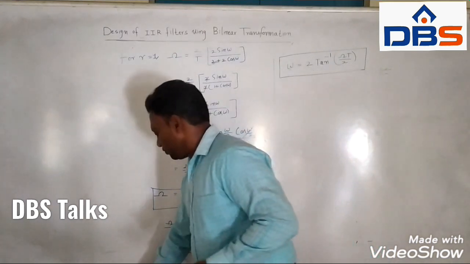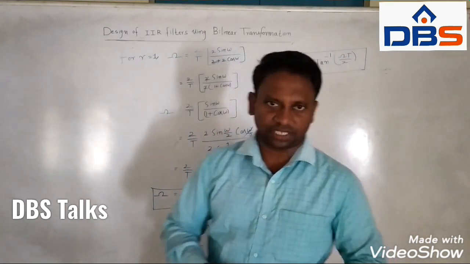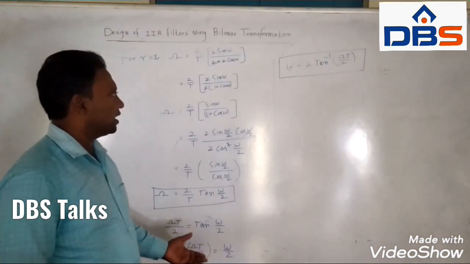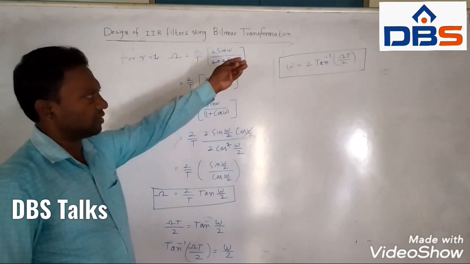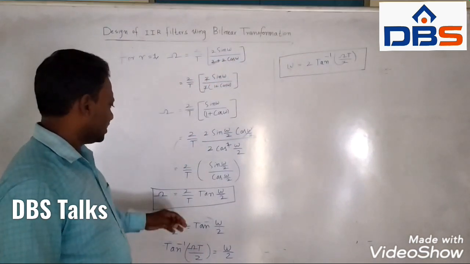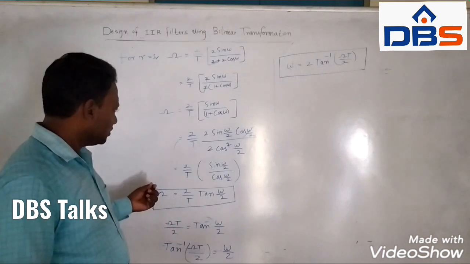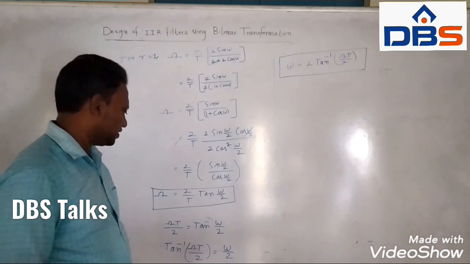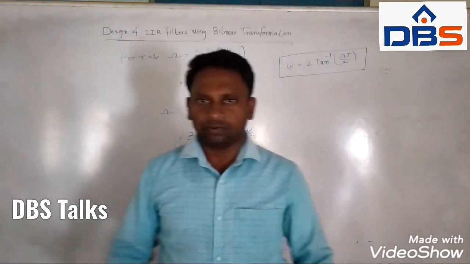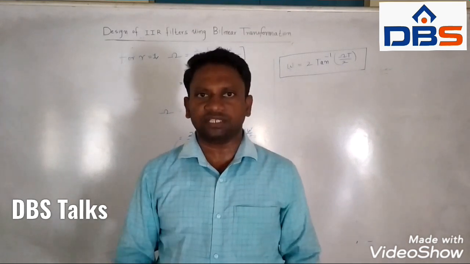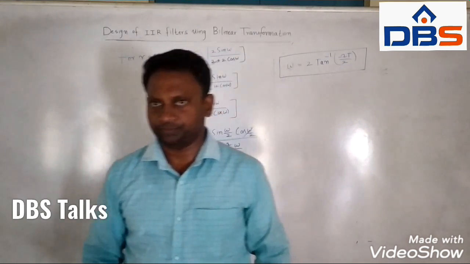And now we will see what happens for different values of this omega, means for different values of that analog frequency, and what the relation is between analog frequency and digital frequency. Okay, just after this we will see that important point.